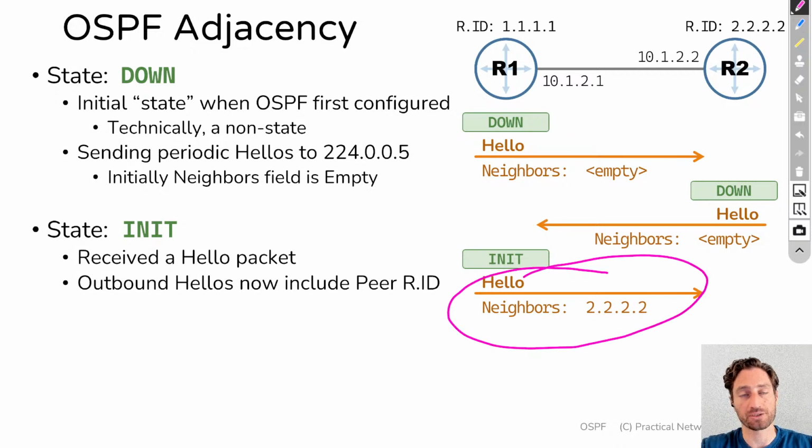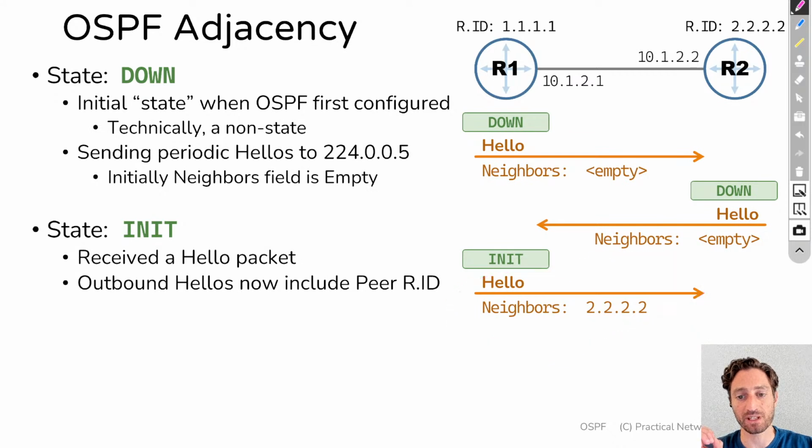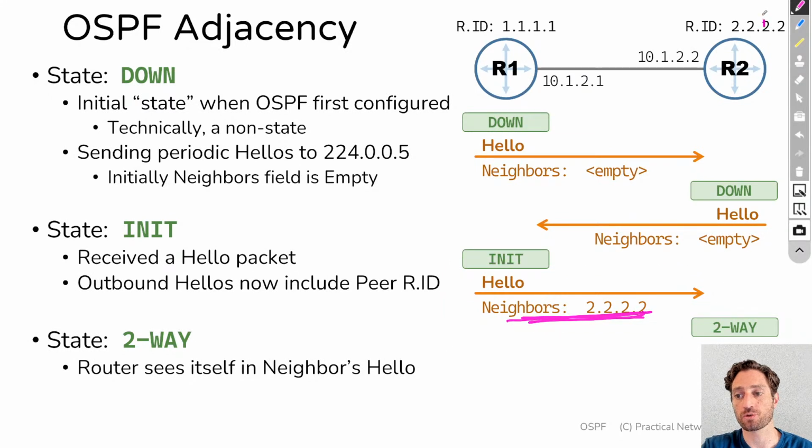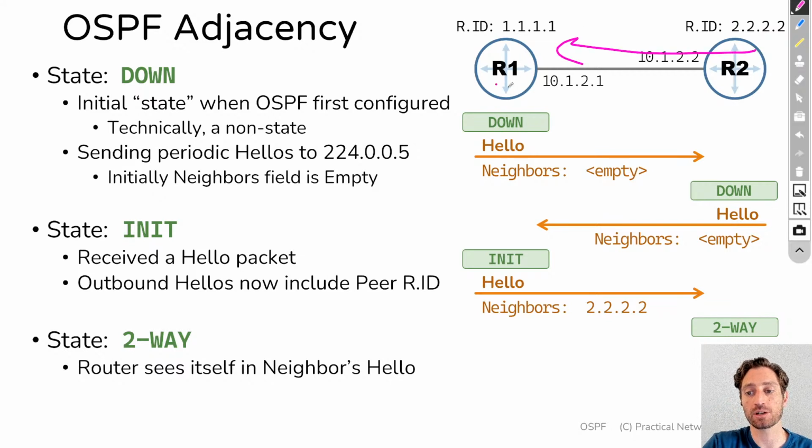Upon receiving that hello packet, router 2 is then going to go into the two-way state. In the neighbors field of that hello packet, router 2 saw itself. Since it saw itself, it knows there is two-way reachability on this link. That's the two-way state.